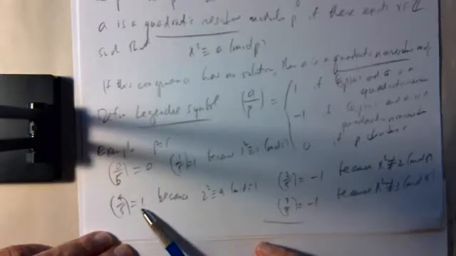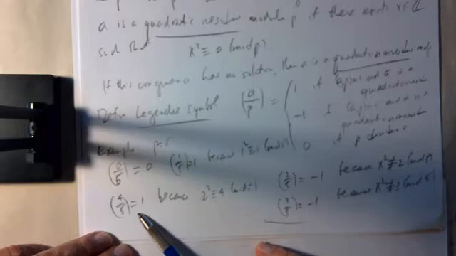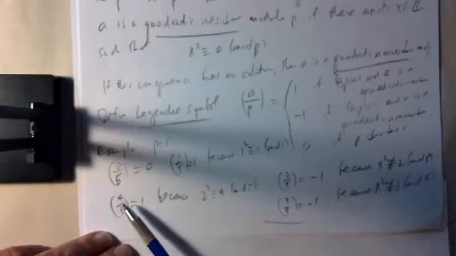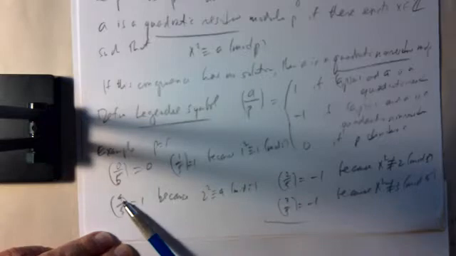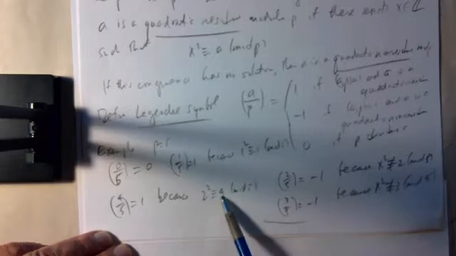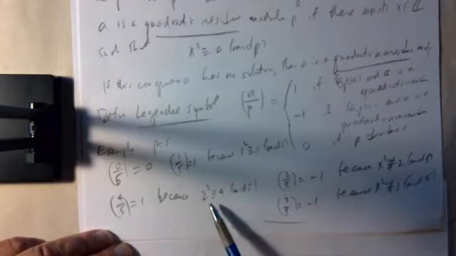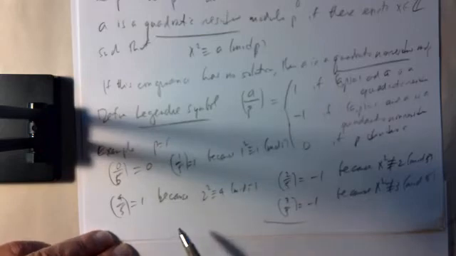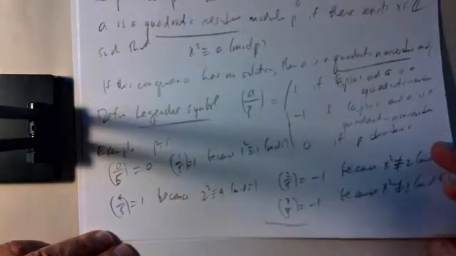I'm asking because you put 2 squared equal to 4. Right, never mind. So this means to say 4/5 is 1 means that 4 is a quadratic residue. That means you can solve the congruence, x squared congruent to 4 mod 5. And here's the solution, x equal to 2. Okay, got it. Thank you.